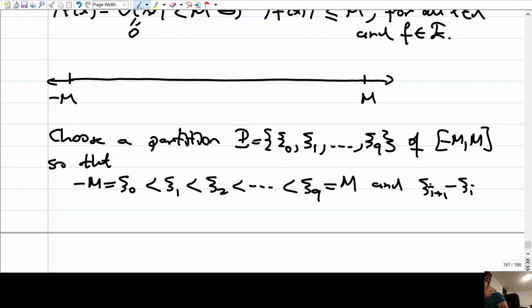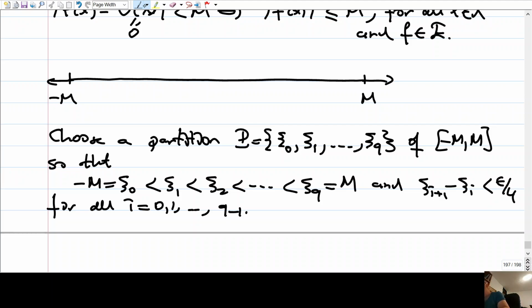These are all positive numbers, but this is less than epsilon over 2 for all i from 0 to q minus 1.